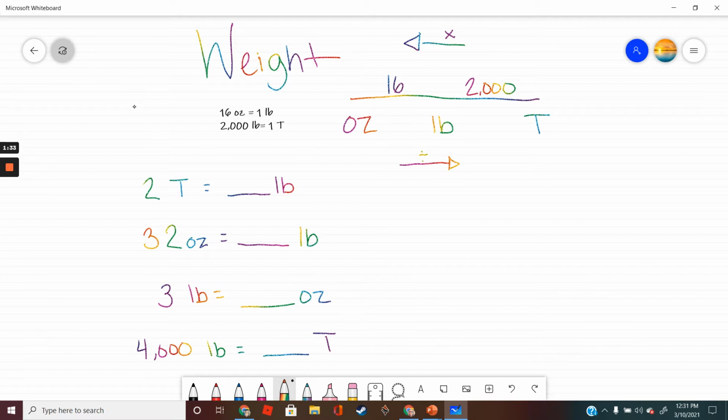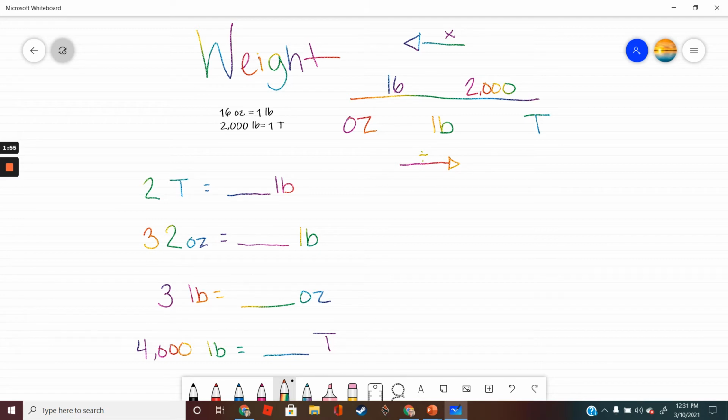So remember, in each of our measurement units, we have had this line, and we have placed our units on the bottom and our numbers either in between or above to let us know the number that we need to utilize inside of our equation.